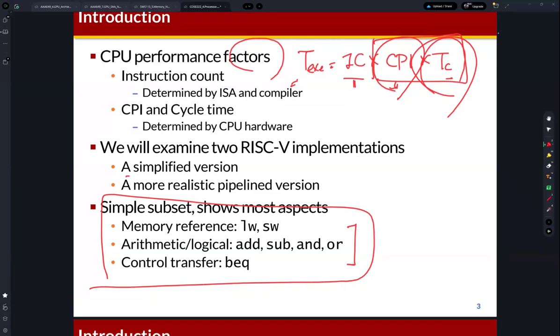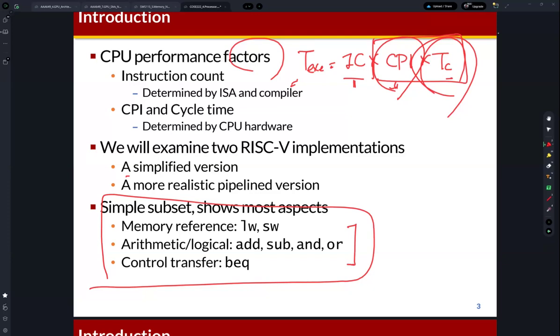Modern processors, such as Intel's and AMD's CPUs, the ARM CPUs, and the Apple CPUs, actually use more complex architectures, and using this more complex architecture, modern processors exhibit higher performance.